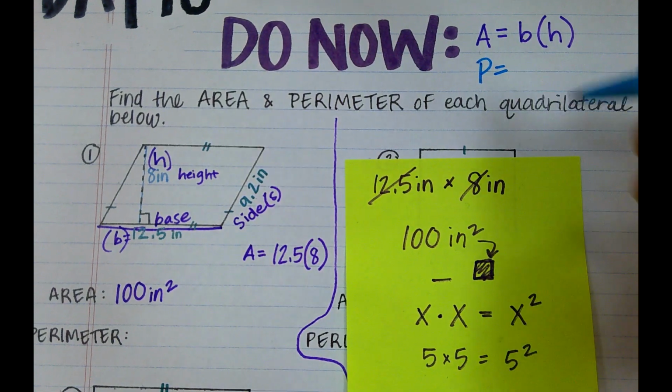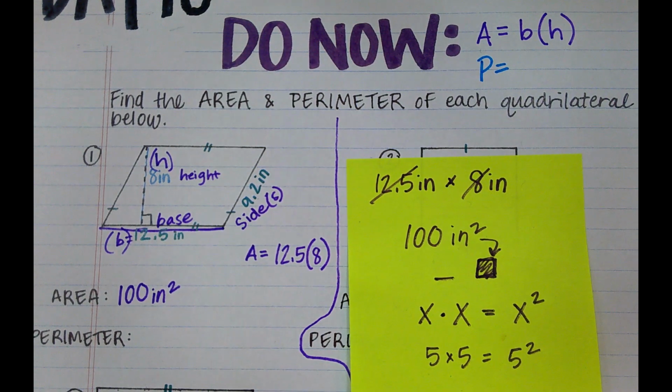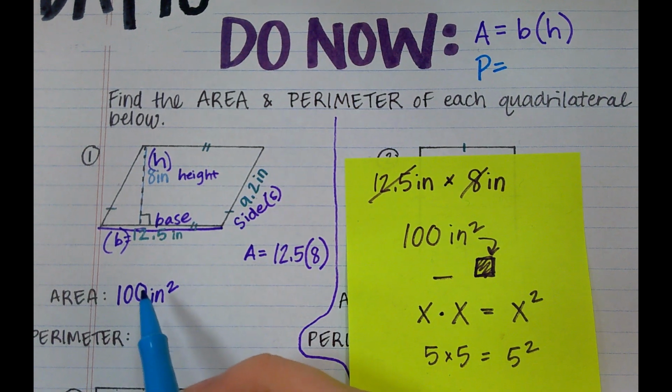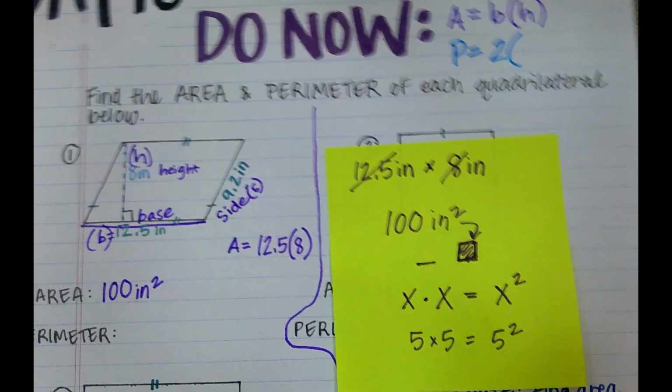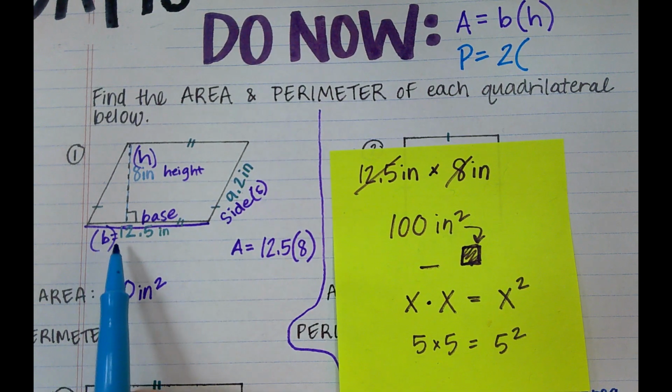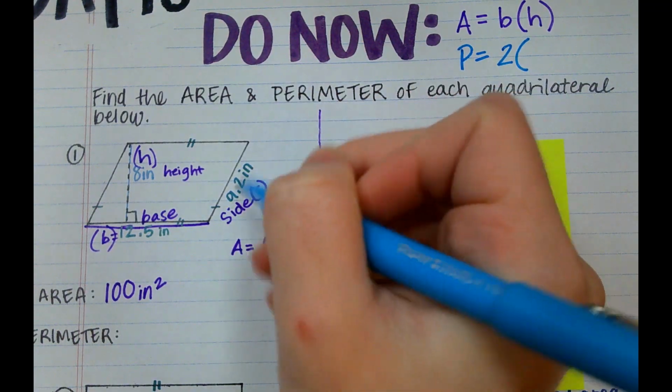Yes, length and width, although we actually use different letters in our notes. We have 2 times, we're going to call it B for base, that would be your length, and then S for side, that's your width.